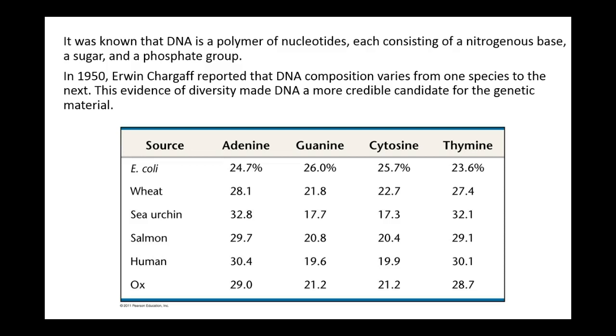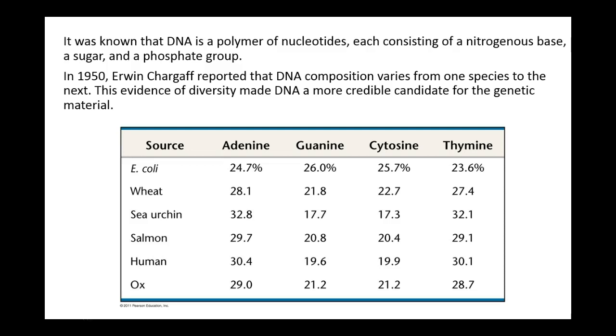Now, please understand that a fruit fly has a different DNA makeup than ourselves, but what you have here is, in E. coli, about the same amount of adenine as thymine and guanine as cytosine.